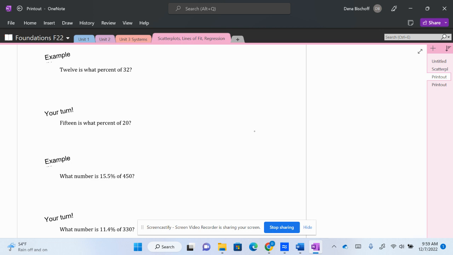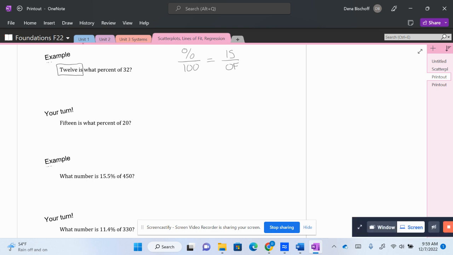Okay. 12 is, so remember we're using the percent over 100 equals is over of. So 12 is what percent? So we're trying to find the percent of 32.